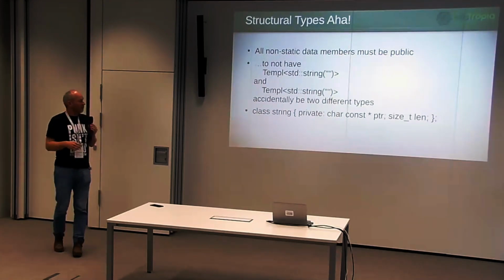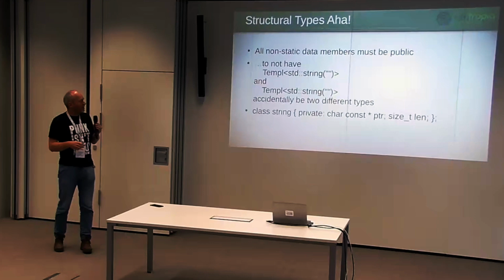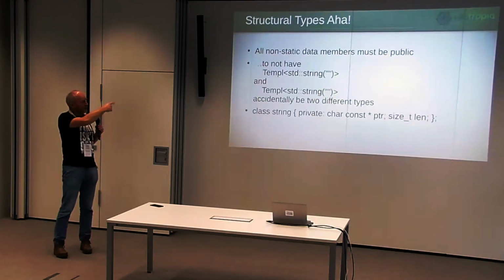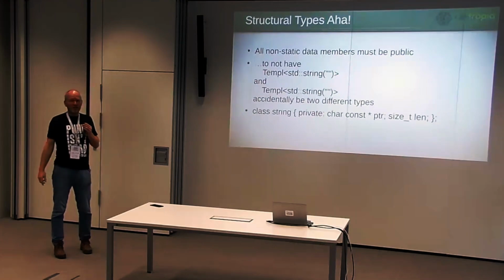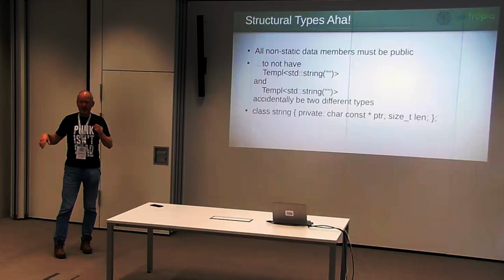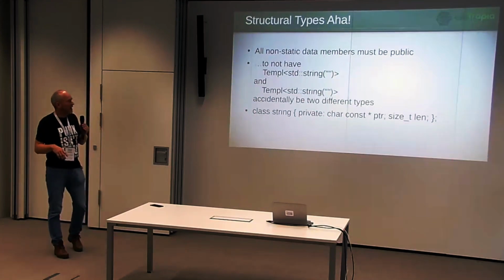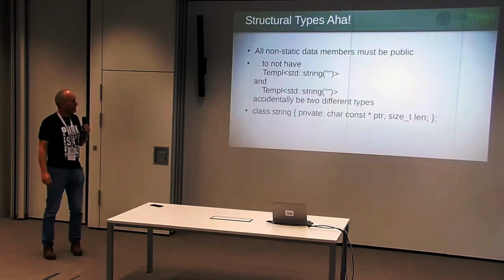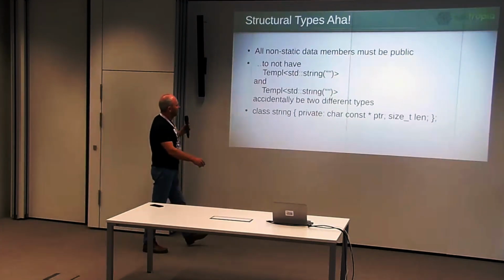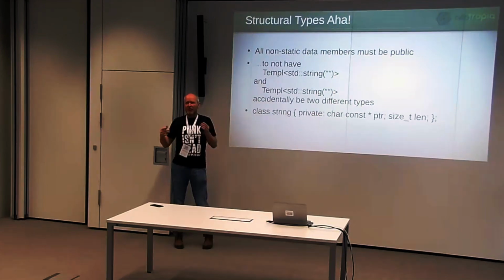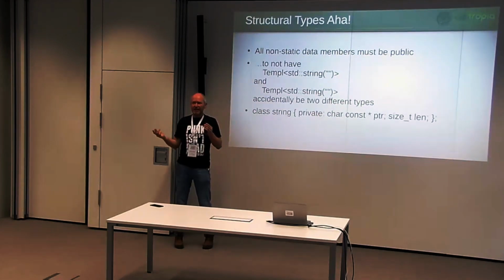Well, what does a standard string do internally? It saves a pointer to the character string that you give it. And these pointers might be different in different compilation units, or even in the same compilation unit, they might point to different empty strings.